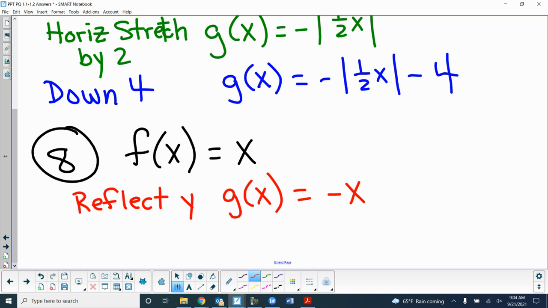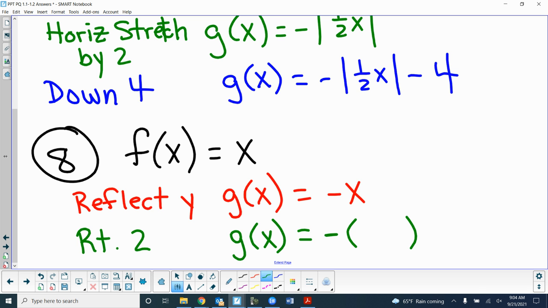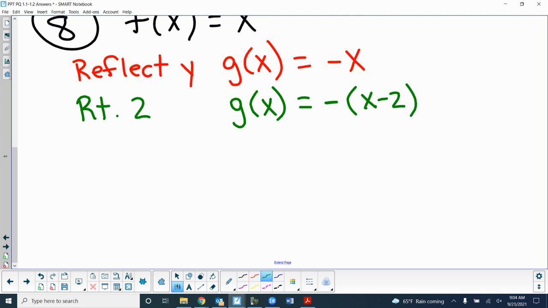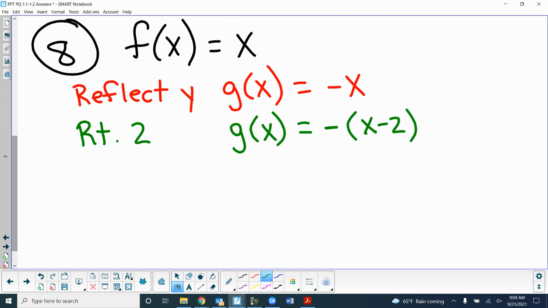Right 2. Horizontal, right? Right and left is horizontal. So we've got g of x, and then our negative sign because of the reflection, and then substituting a movement of 2 to the right. So we're going to go x minus 2, opposite of what you think when it's inside like that.